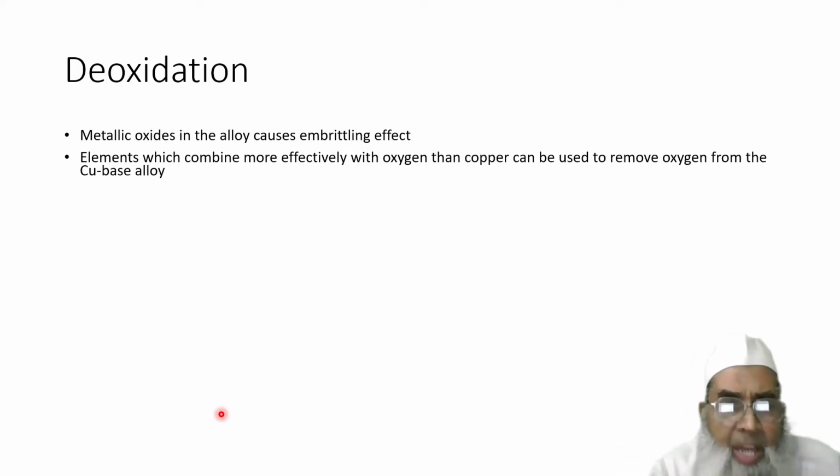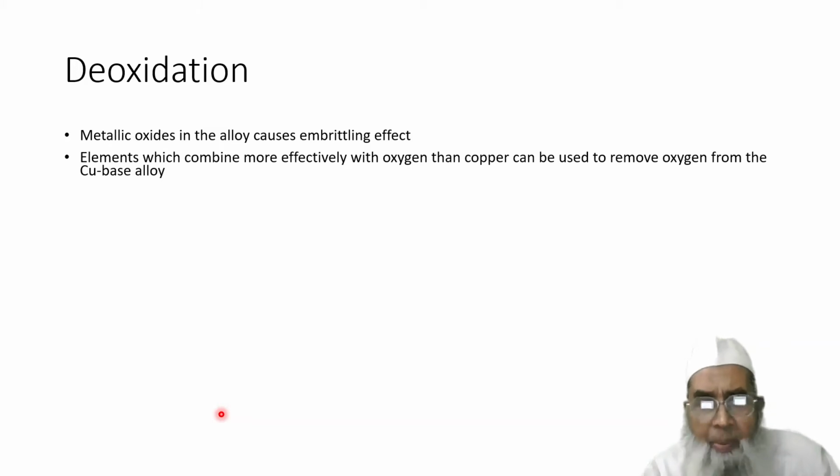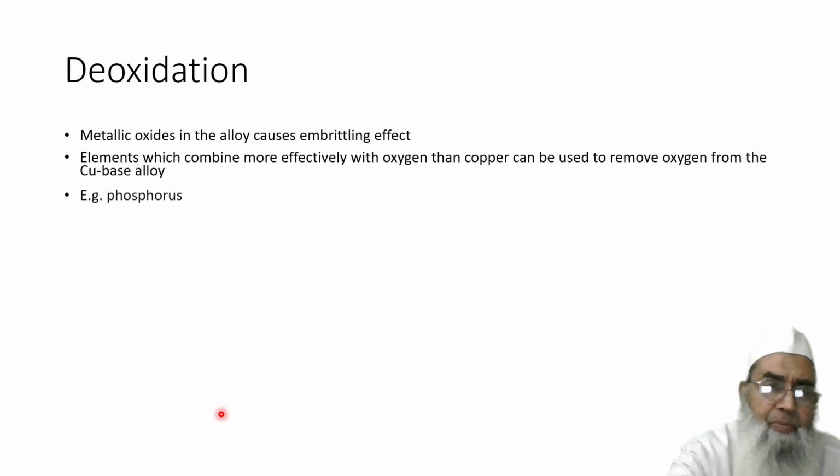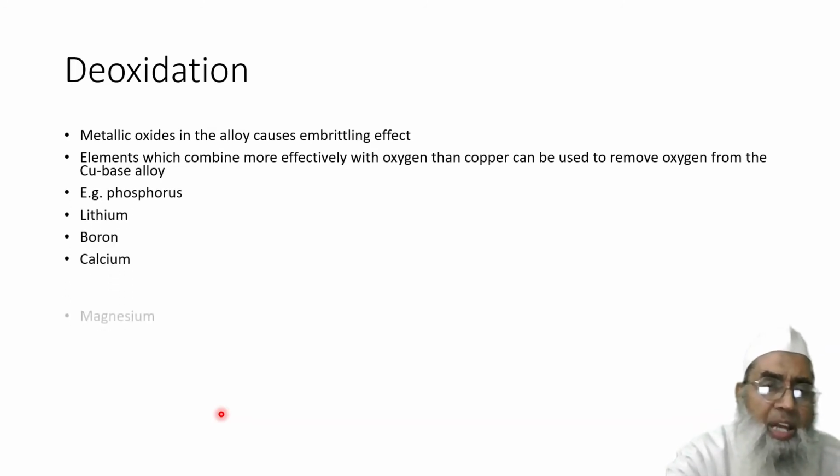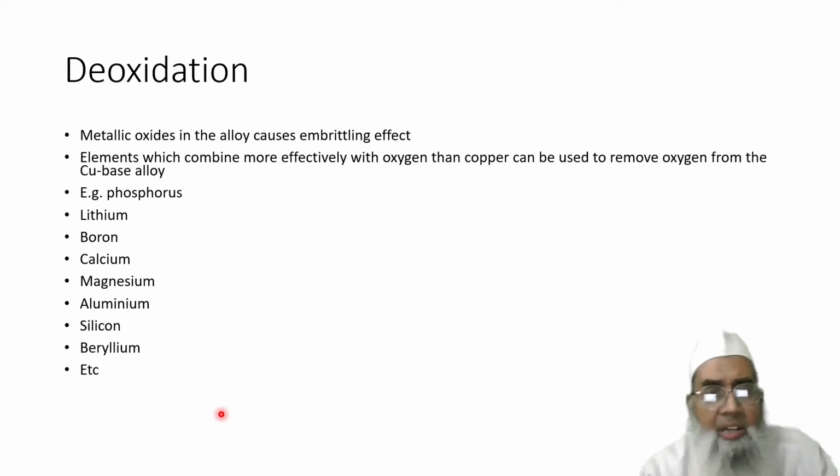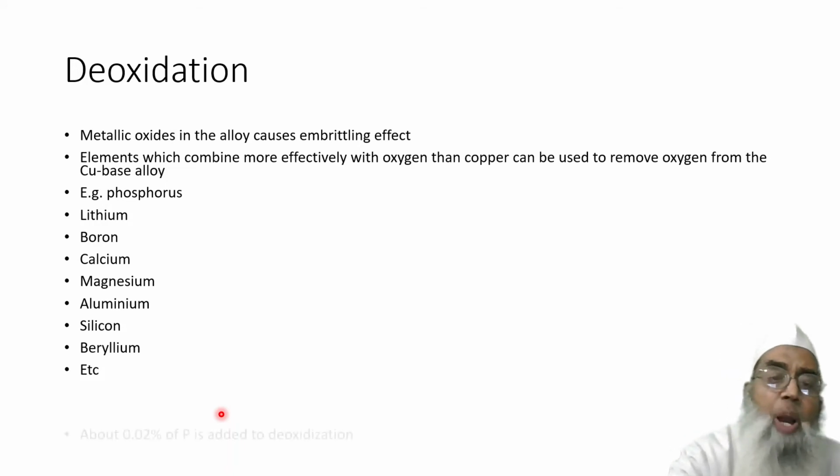The elements which combine more effectively with oxygen than copper can be used to remove oxygen from copper-based alloys. For example, phosphorus, lithium, boron, calcium, magnesium, aluminum, silicon, beryllium, etc. These are the elements which can be used as deoxidizing agents for the copper alloy.